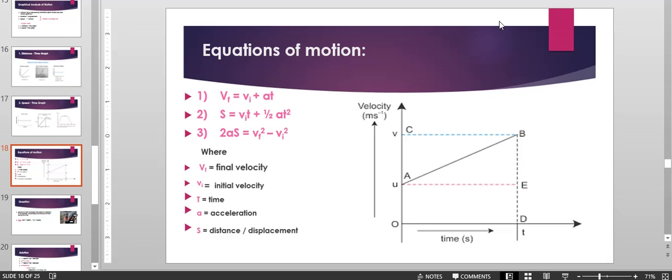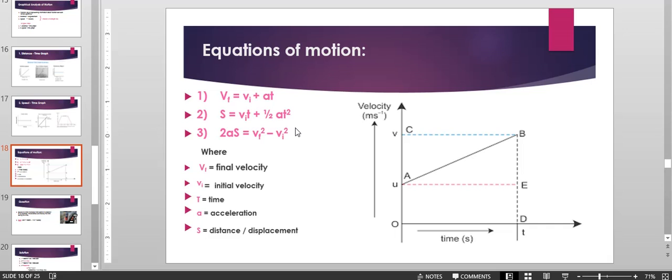Our next topic is about equations of motion. There are basically three equations of motion for bodies moving with a uniform acceleration. These equations relate initial velocity, final velocity, acceleration, time, and distance covered by a moving body.